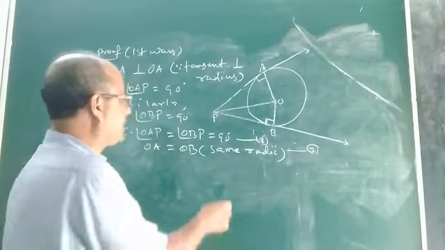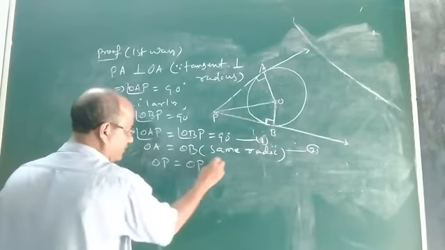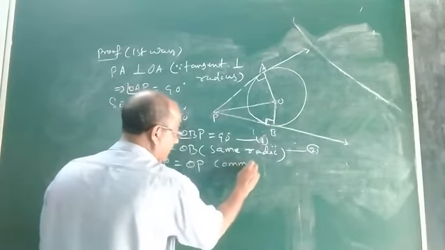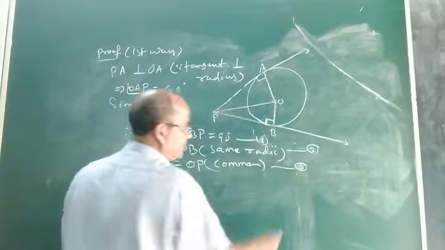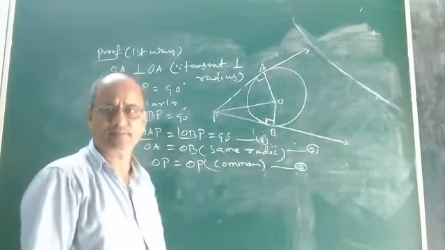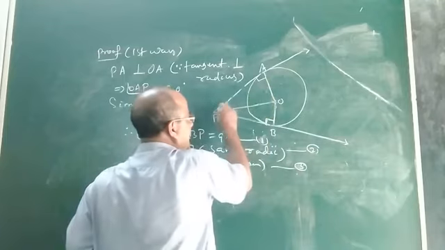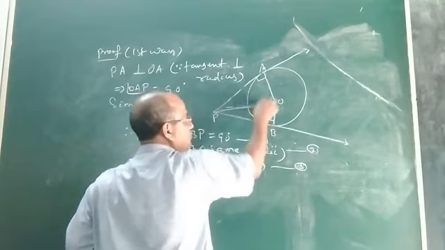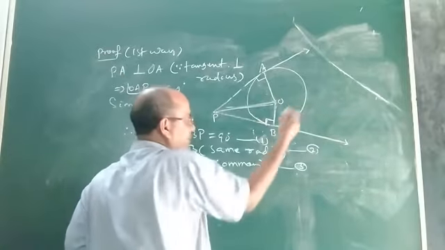We got two matching parts. What is the third matching part? The third matching part is OP. OP equal to OP, it is common. So this is the third matching part. Now these three matching parts show that by the RHS congruence condition, because you see right angle same, this is the hypotenuse of the two triangles, hypotenuse same, and OA, OB are the side.